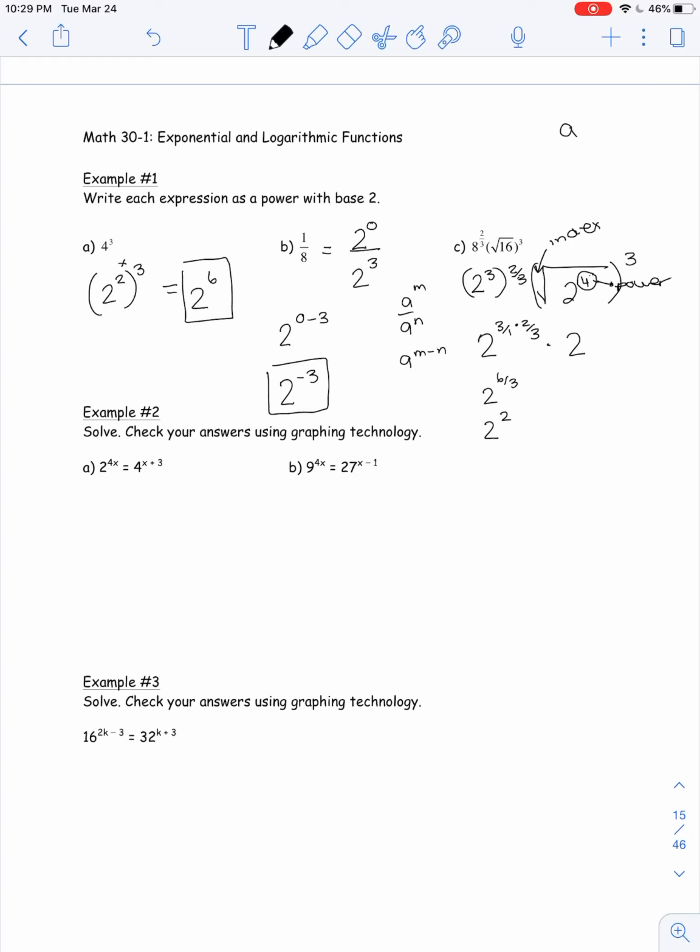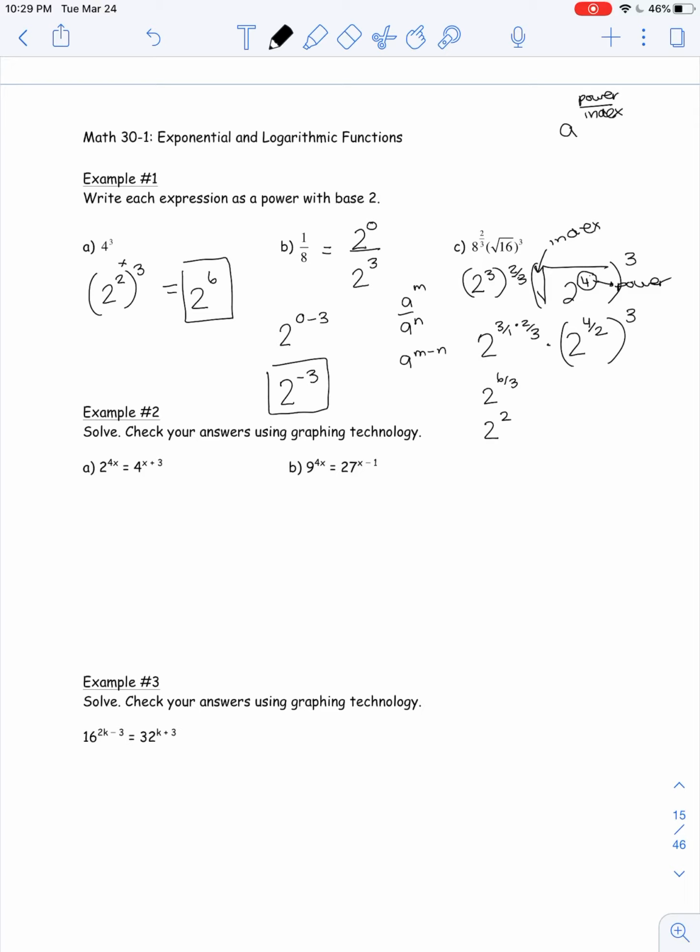Whenever you write a number, if you ever see this, the top is going to be your power divided by your index. So this is how you can write it as a base with a power. So you write power at the top, index at the bottom. So in our case, our power is 4, our index is 2. So anytime you don't see an index, it's 2.